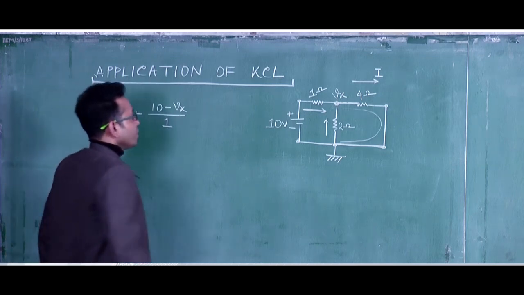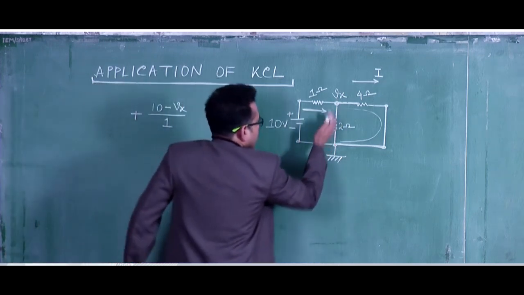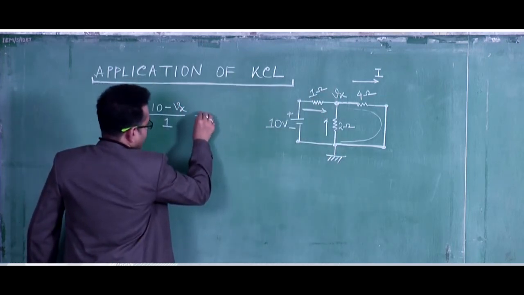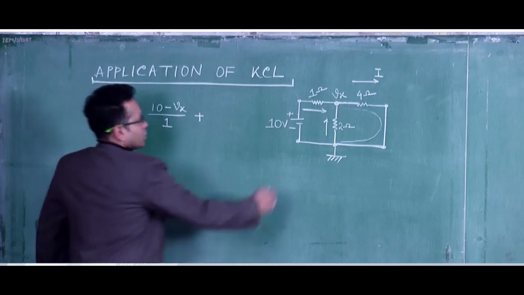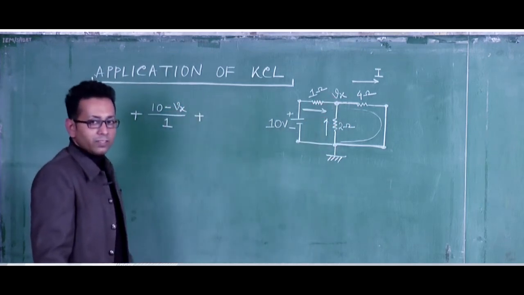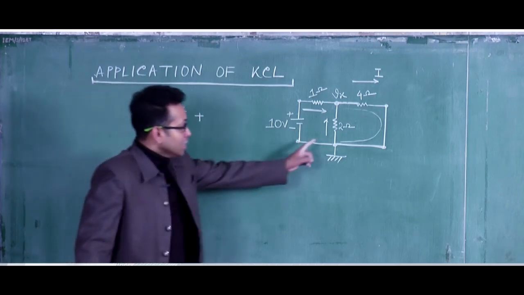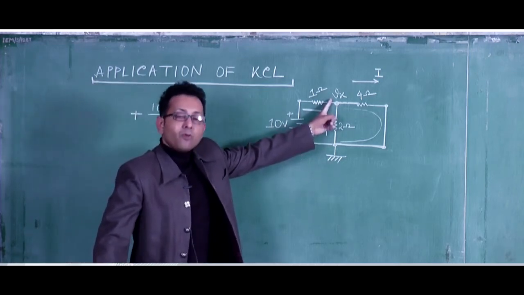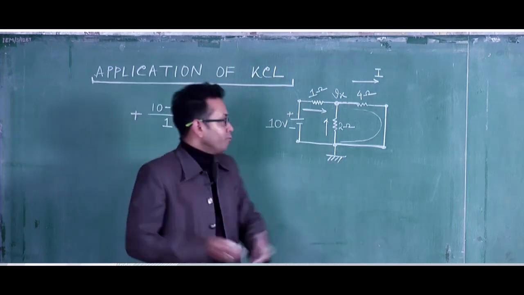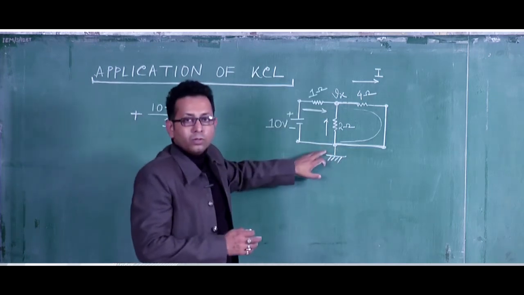Next, this current is also entering, that is why we should consider again positive sign. So what will be the potential difference for this branch? That will be 0 minus Vx. Now we can say that, sir, we know that this potential is always 0, so obviously Vx should be greater than 0.